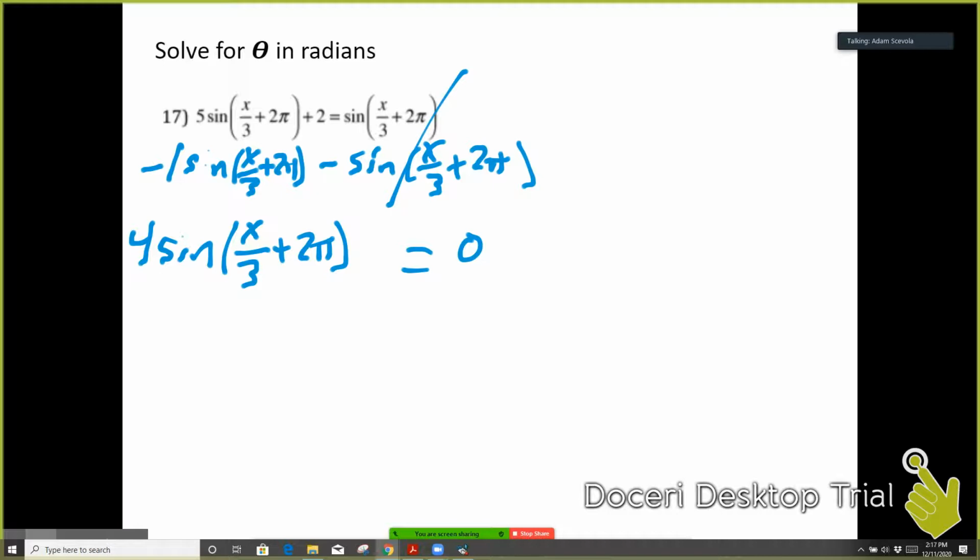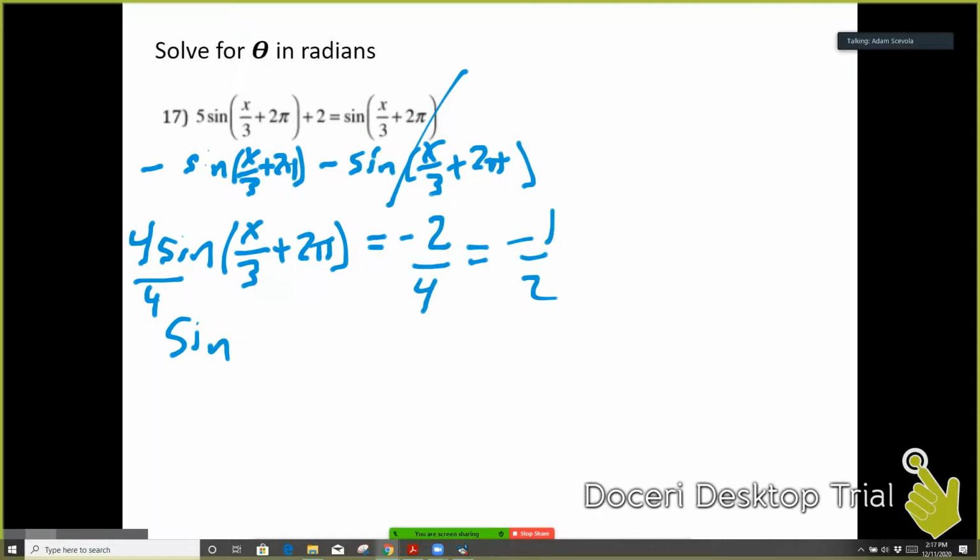It's just 5 minus 1, which gives us a coefficient of 4. Then we had that plus 2 here, which I'm just going to subtract on both sides and get a minus 2 on the other side. And then divide by 4, and we get this is equal to negative 1/2.